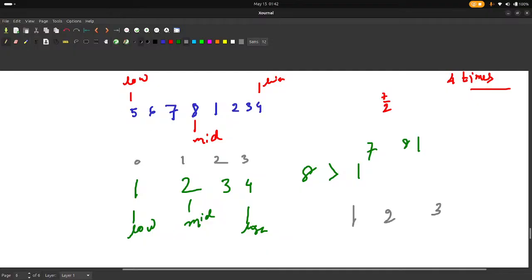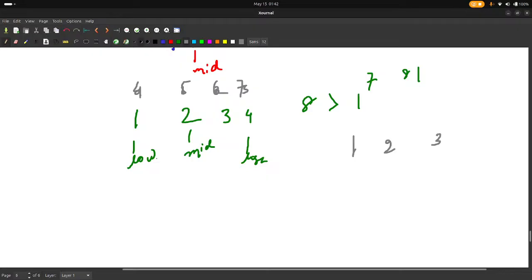One second, indices 0 1 2 3 4 5 6 7, and the values 4 5 6 7. So when the mid value is lesser than high, that is here 4, then I should move ahead with the left part, I mean this part.